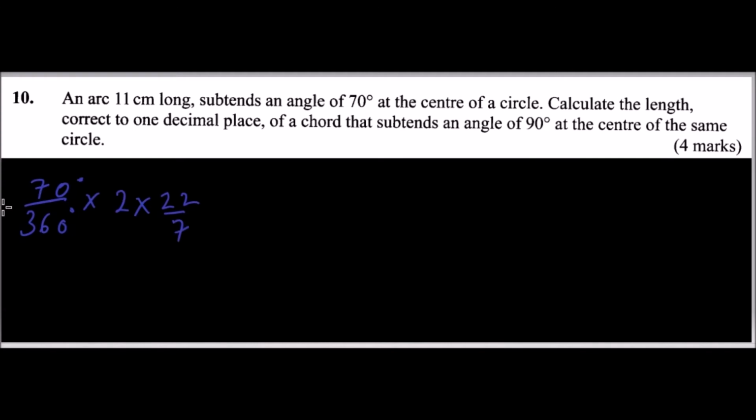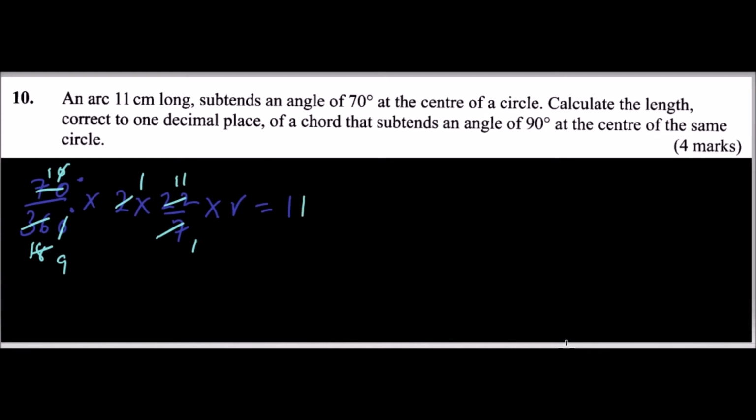You multiply by the radius, which should give you 11. We can simplify here. By 7 we get 1. By 7 we get 10. By 10 we divide that. We can divide this by 2, you get 18. By 2 you get 1. By 2 you get 9. By 2 you get 11.